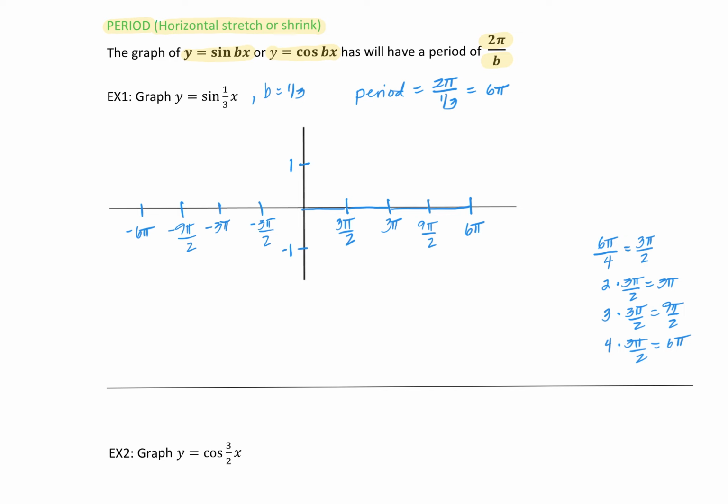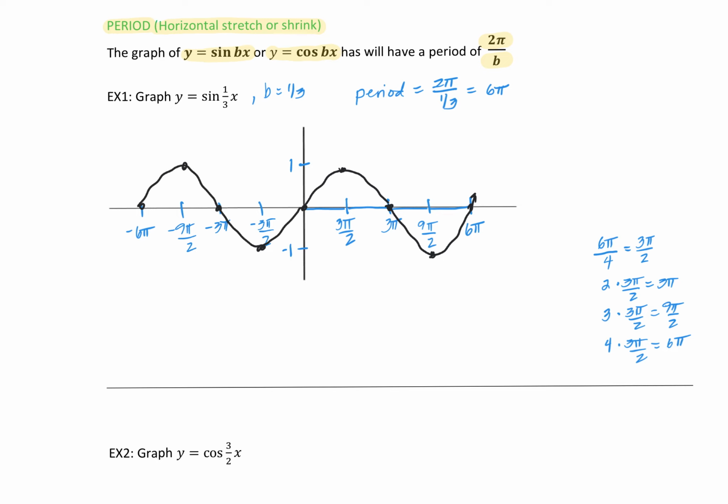My graph? Simple. Sine starts at 0, it goes up to 1, goes back down to 0, negative 1, 0. And graph. Easy. And then if I look at the negative direction, goes down to negative 1, up to 0, positive 1, 0.